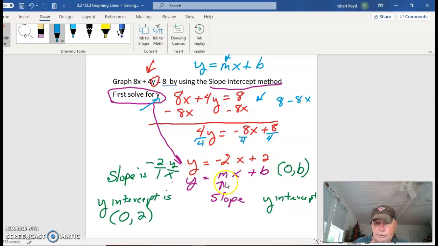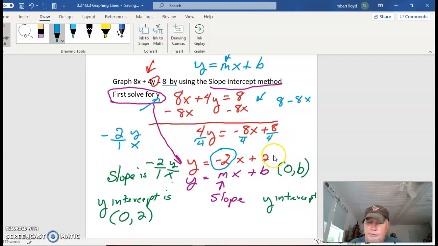So we said m is the slope. So that's negative 2. So if you get a whole number for the coefficient of the x, which is called the slope, you want to put it over 1. So then the negative 2 will tell you the amount of change in the y for every one of the x.